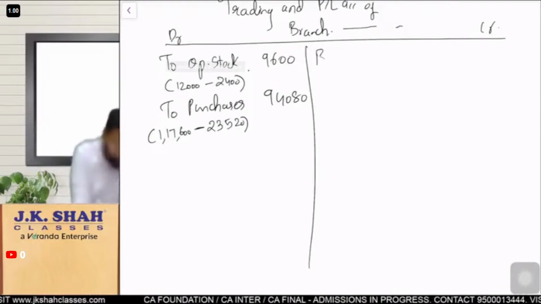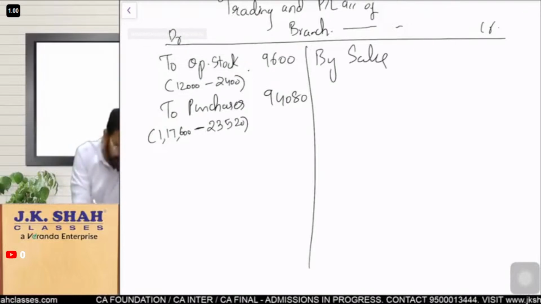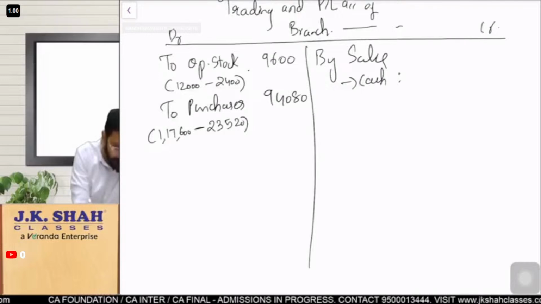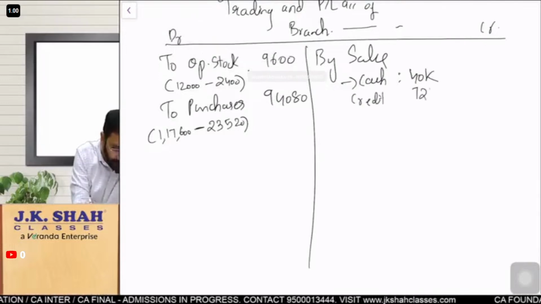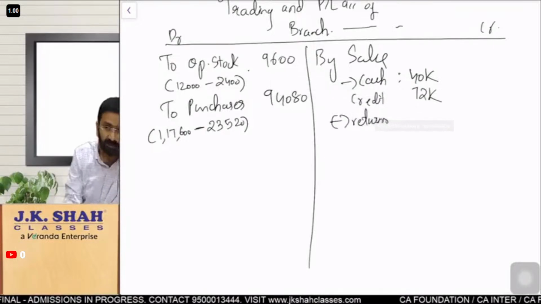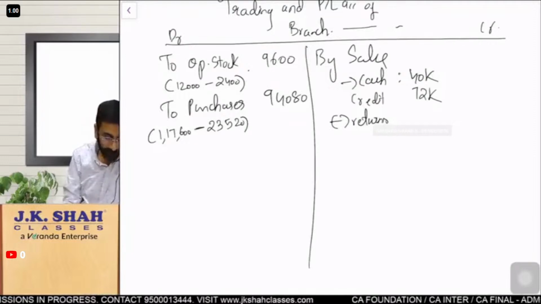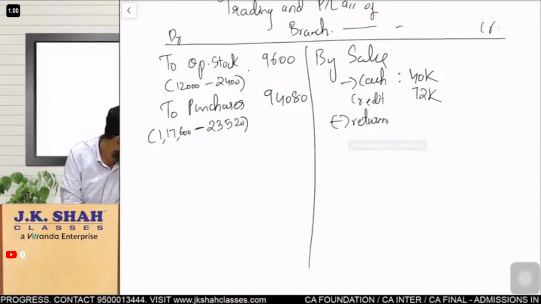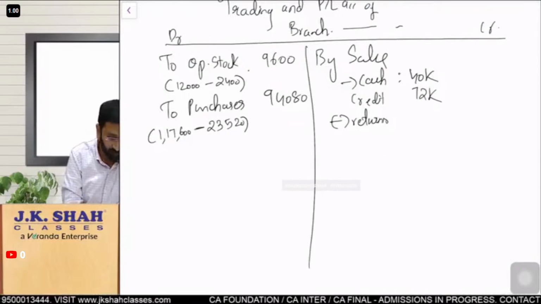Credit side. Sales: cash 40, credit 72, minus returns. Sales returns are there, no? How much now? Sales returns, 1,000.